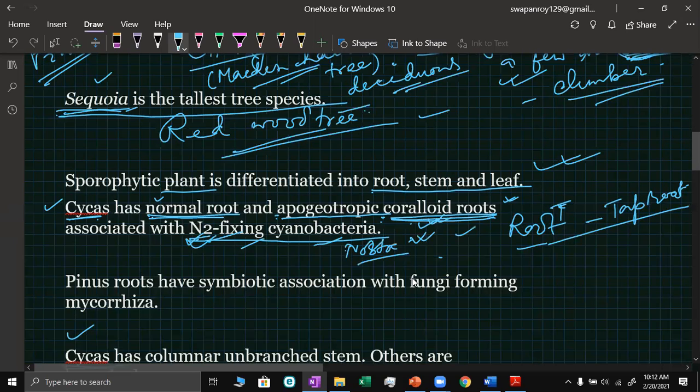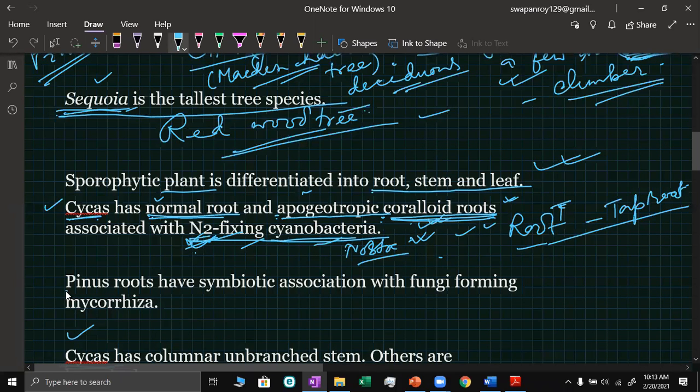Apogeotropic means which grows against the gravity, opposite to the gravity. Geotropic is moving towards the earth's gravity, towards the center. Apogeotropic is opposite in this direction. So this is one symbiotic condition with cyanobacteria.